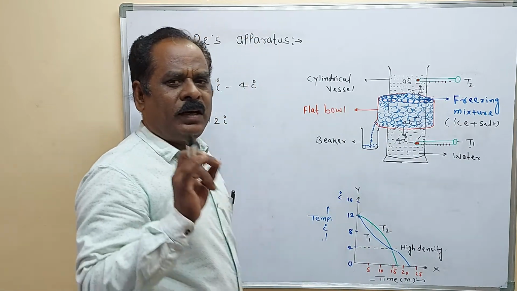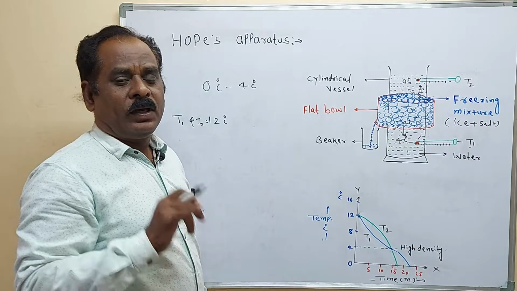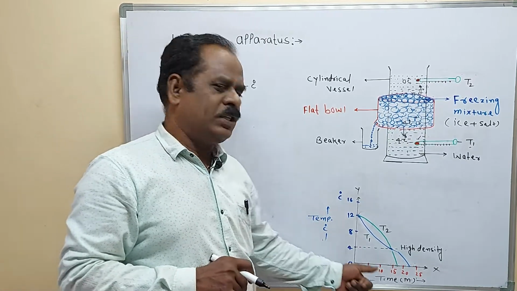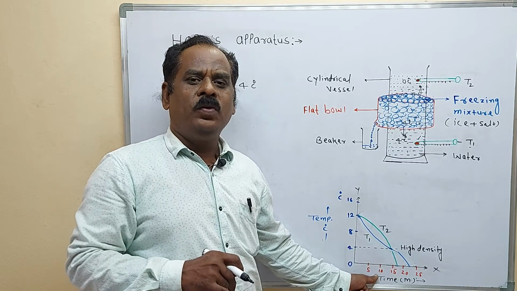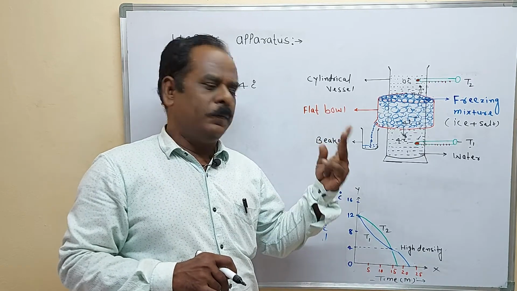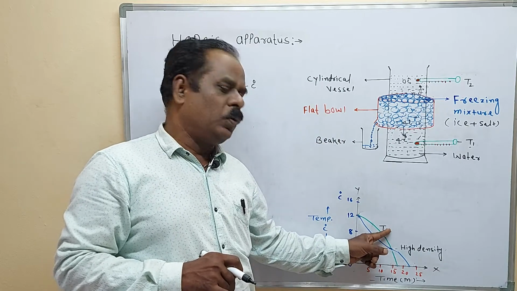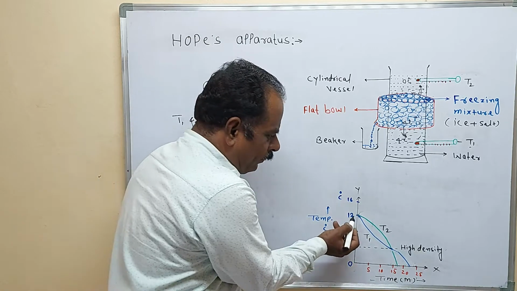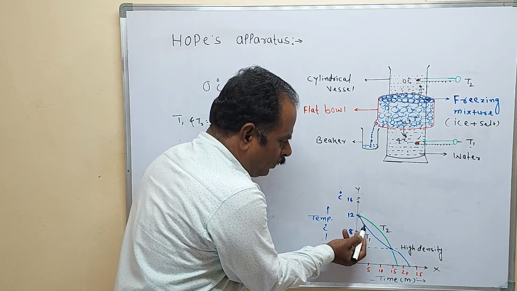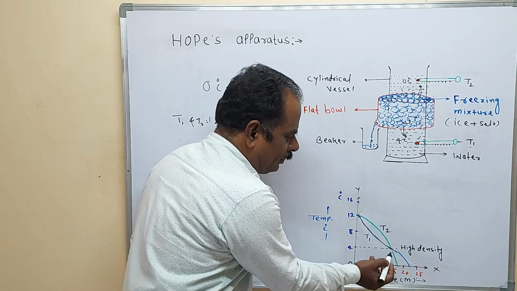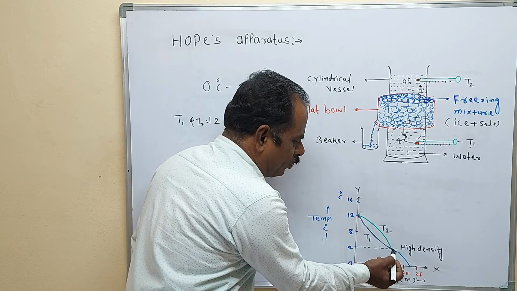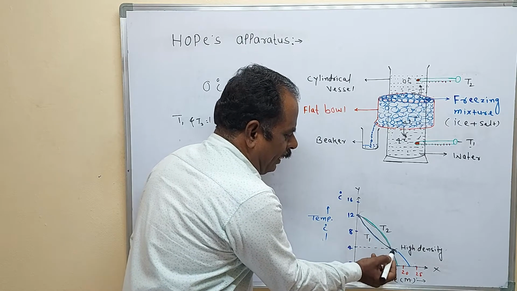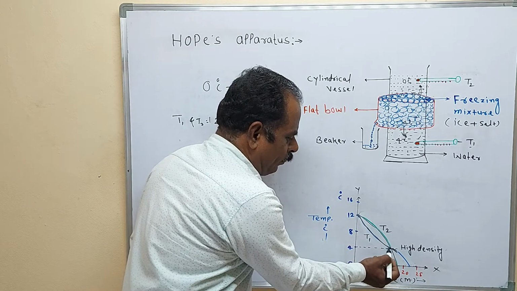If you note this time and temperature carefully and plot the graph of temperature versus time, then we get two types of curves, the T1 and T2 curves. You see on this graph, the T1 temperature first decreases fast, then remains constant at 4 degree centigrade, then T2 decreases fast, and they intersect at a point.